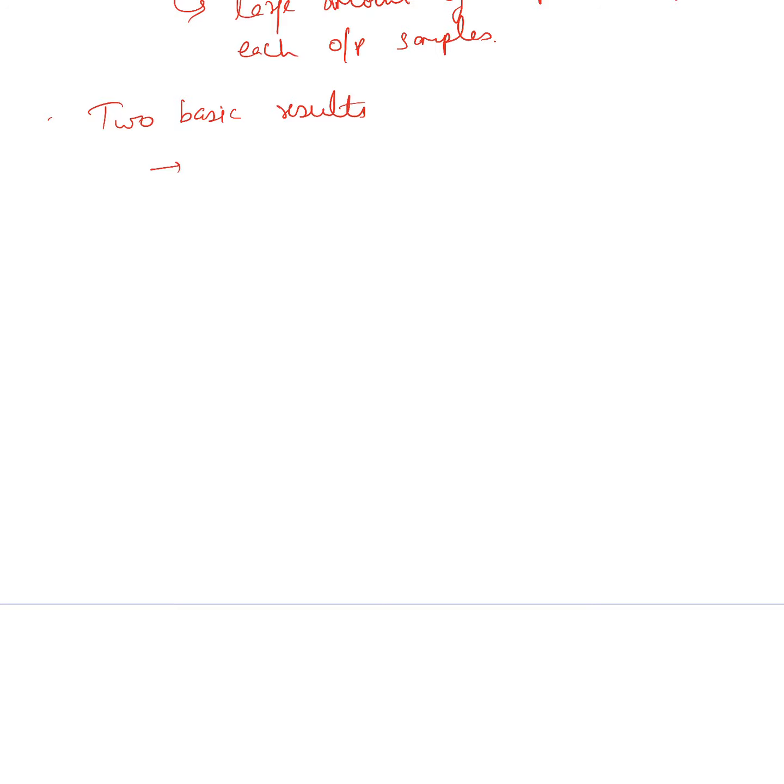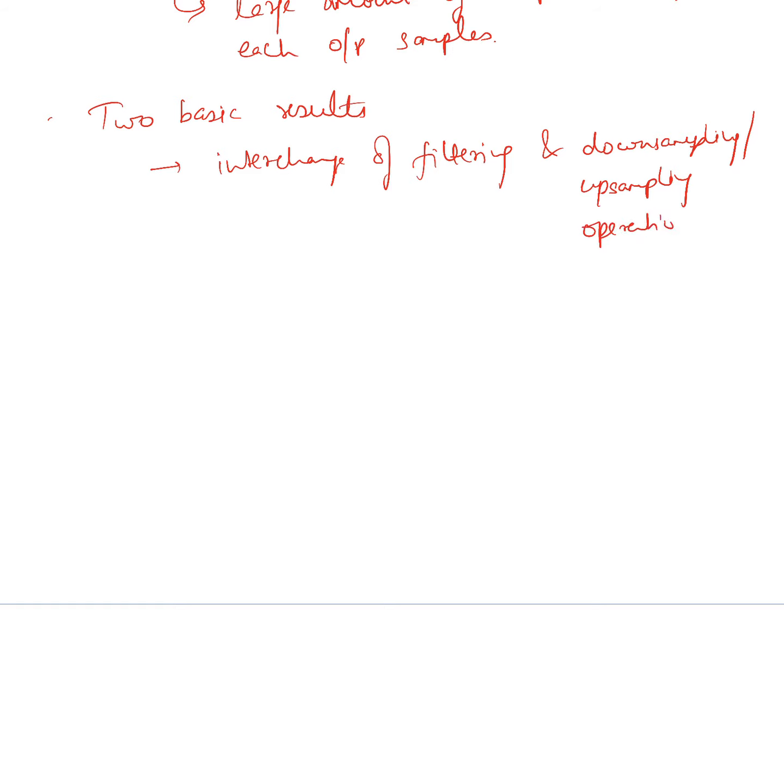First is based upon the interchange of filtering and downsampling or upsampling operations. The second is polyphase decomposition. So these two techniques we shall study under multi-rate signal processing to increase the efficiency of the signal processing system for changing the sampling period.